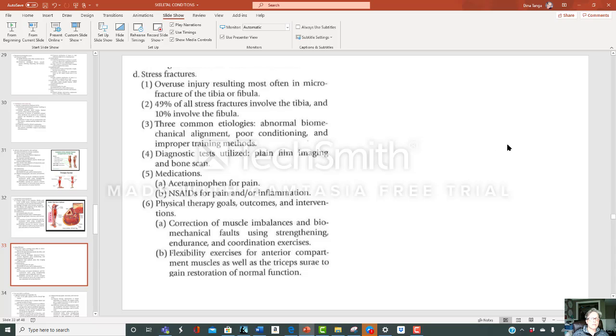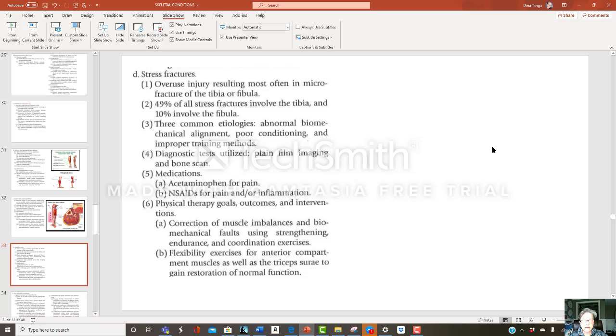Stress fractures. Overuse injury resulting most often in microfracture of the tibia or fibula. 49% of all fractures involve the tibia and 10% involve the fibula. Three common etiologies: abnormal biomechanical alignment, poor conditioning, and improper training methods.